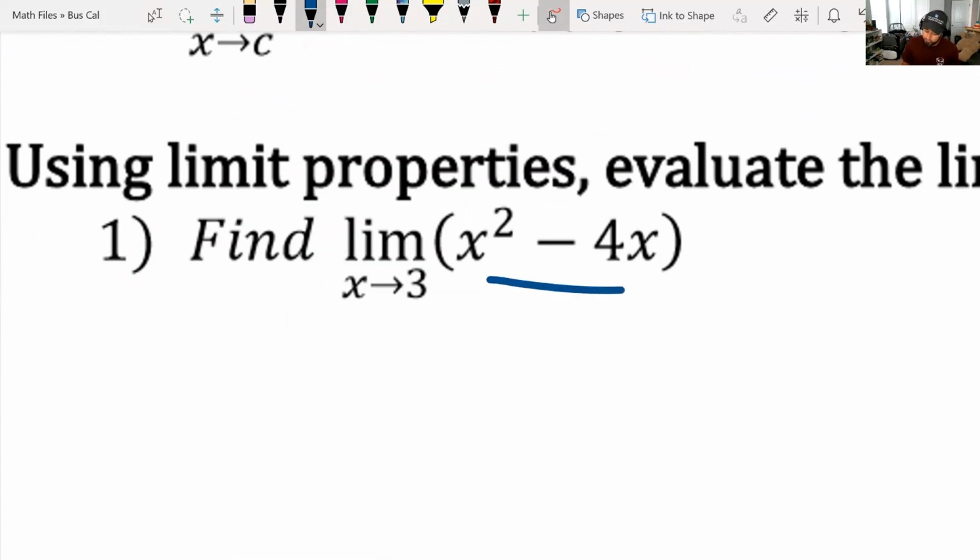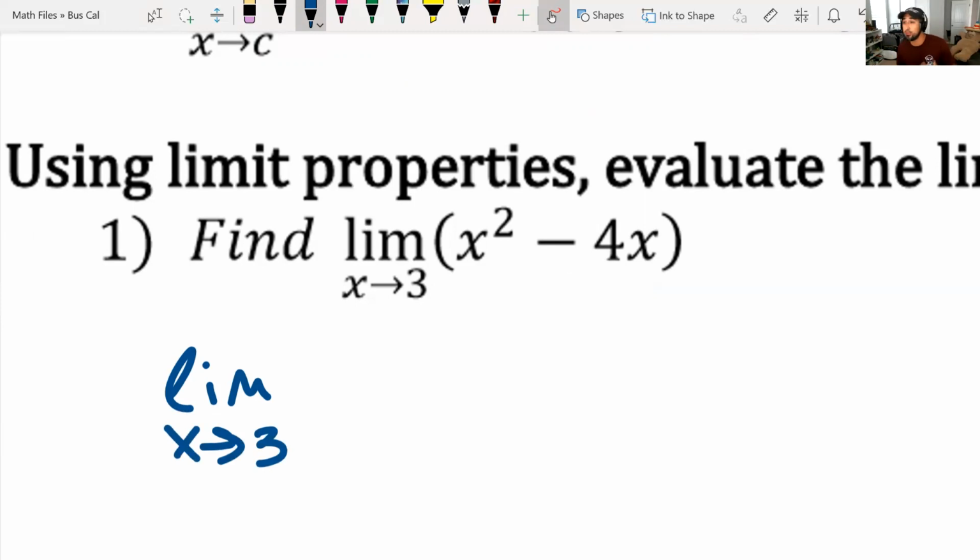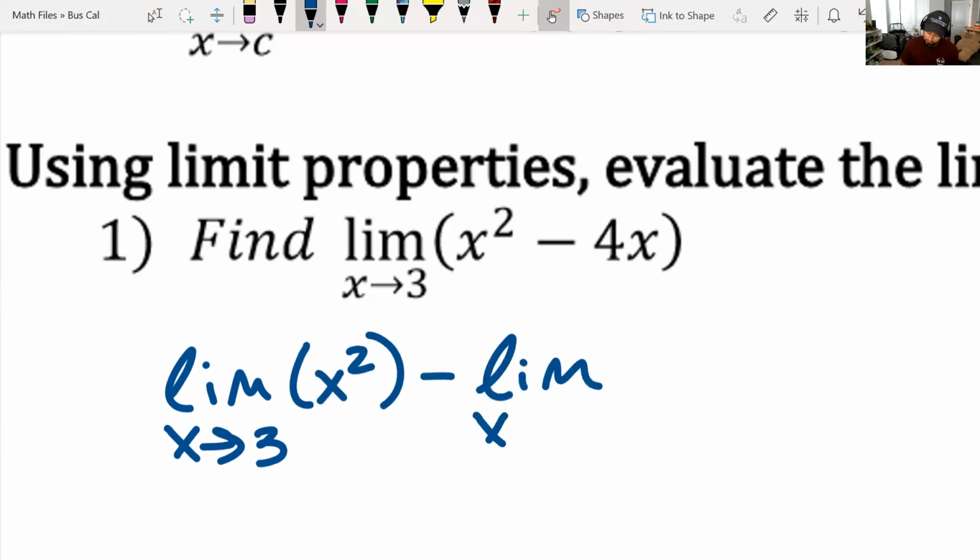There are 2 terms inside these parentheses, so the limit as x approaches 3, since there are 2 terms, I can split this into 2 limits: the limit as x approaches 3 of x squared minus the limit as x approaches 3 of 4x.